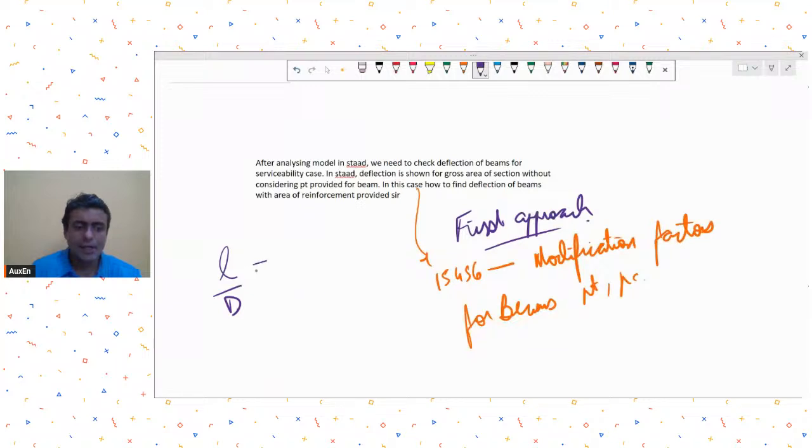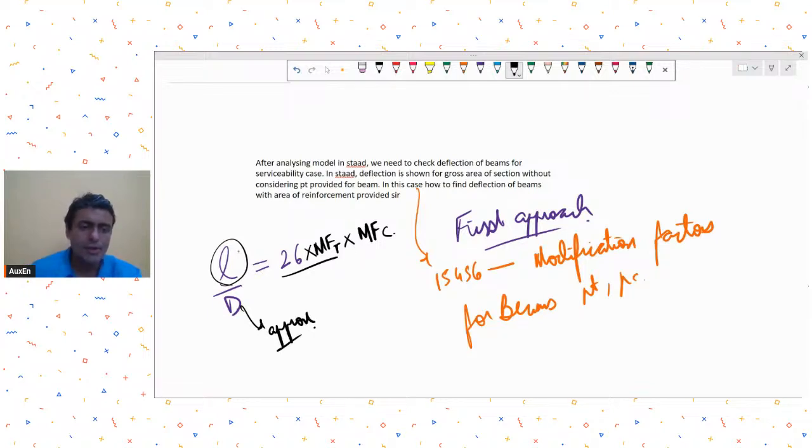Those L by D ratios are given, I think 26 for continuous beams, 20 for simply supported beams, something else for cantilever, and then you multiply it by, you're allowed to multiply it by a modification factor for tension reinforcement and modification factor for compression reinforcement. Then depending on L, you try to estimate the approximate D, depth of the beam. This is the length of the beam. So here we use the modification factor approach.